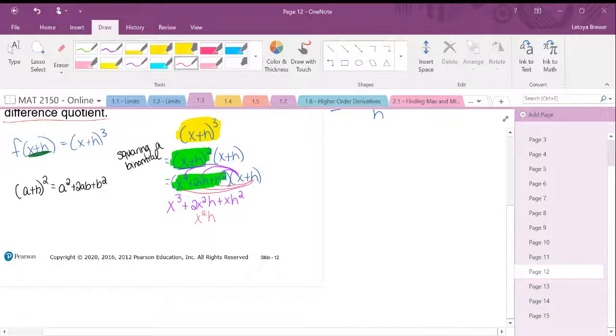If I multiply that h by 2xh, that would give me a positive 2xh squared. And h times h squared gives me an h cubed. And if I combine my like terms there, that would give me x cubed plus 3x squared h plus 3xh squared plus h cubed.